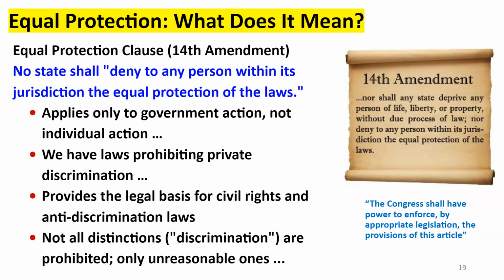This isn't individual action. There are laws, and again, the Civil Rights Act of 1964 is really trying to address that, as well as Fair Housing, the Voting Rights Act, that sort of thing in terms of private discrimination. But the idea here was it's providing the legal basis for civil rights and anti-discrimination laws. And the idea is it's not going to cover everything, but it really gives the court a framework to work from in terms of determining if the laws aren't being applied equally.